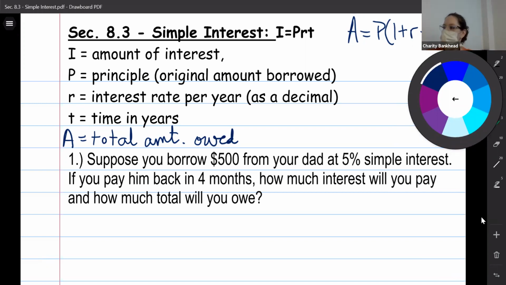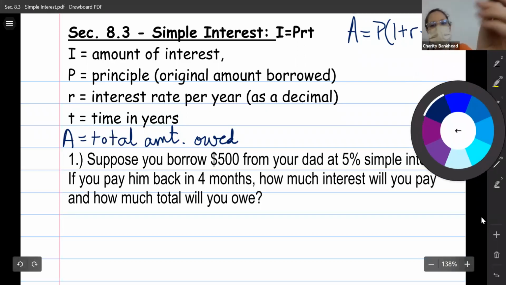So you can pretty much use either one of those formulas. You borrow money, and then you have some interest, and at the end of a certain period of time, you have to pay back the original amount that you borrowed plus the interest, right? So that's what A is. A is the total amount, so it includes the principal plus the amount of interest.